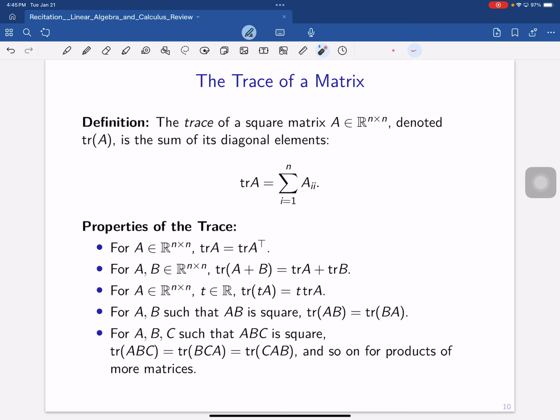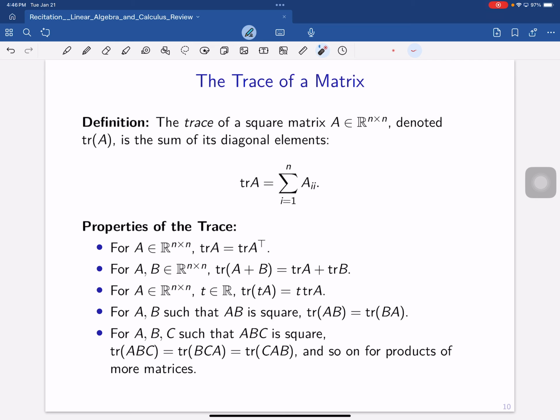So what's more interesting here is the trace applied to matrix multiplication. Okay. So if you have square matrices, multiplication can always occur, right? Even though I said A times B does not necessarily equal B times A, their trace will be the same. So you could try to verify those results.